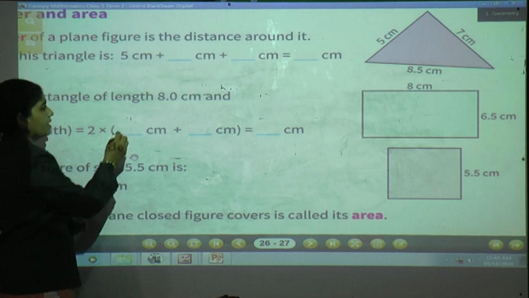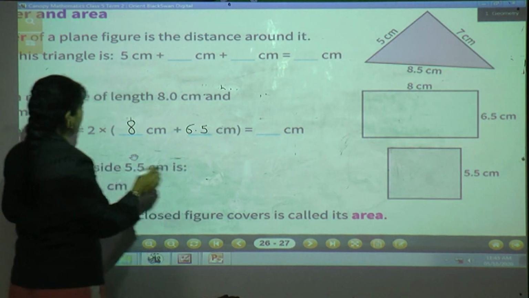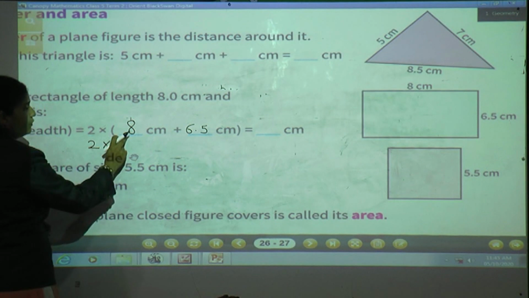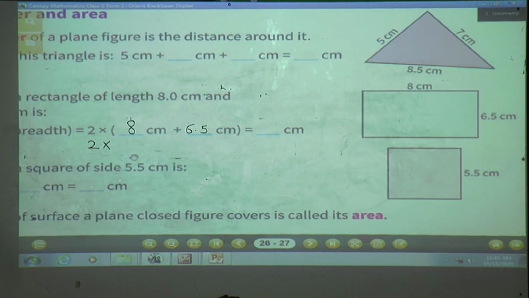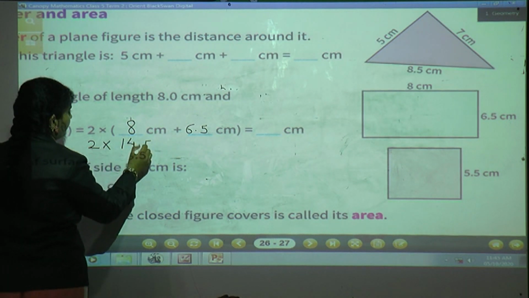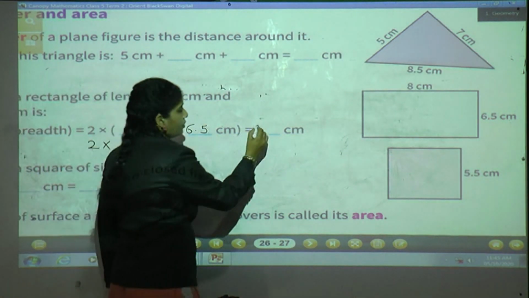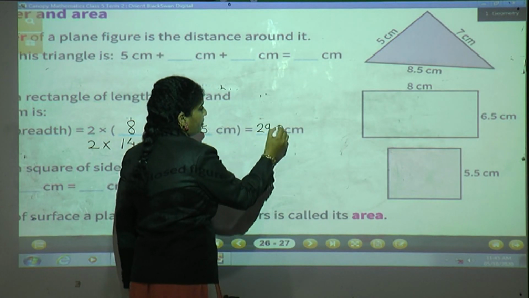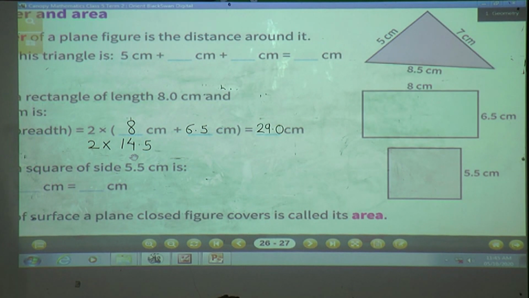First solve the bracket: 8 plus 6.5 is 14.5. Then multiply 14.5 by 2. You will get 29.0, that means 29 centimeter. So the perimeter of the rectangle is 29 centimeter.